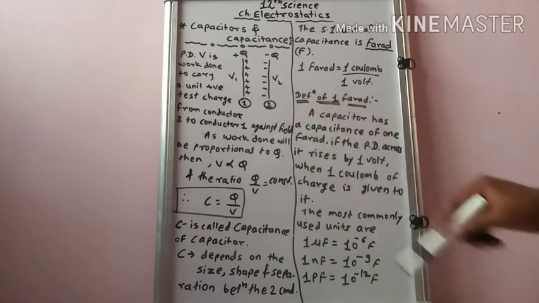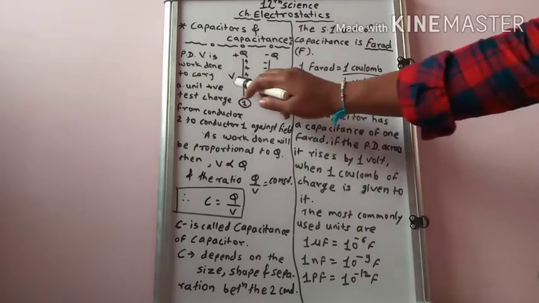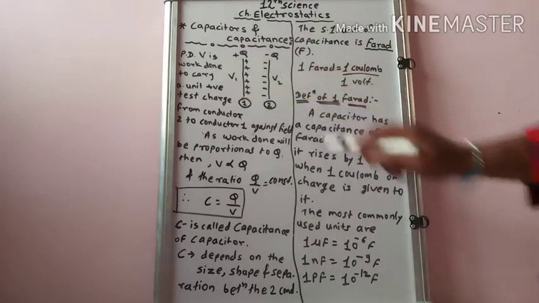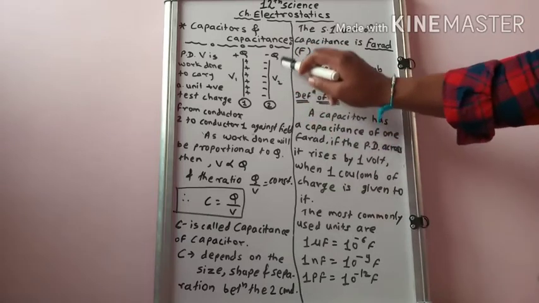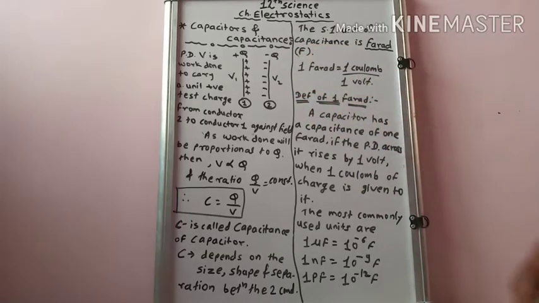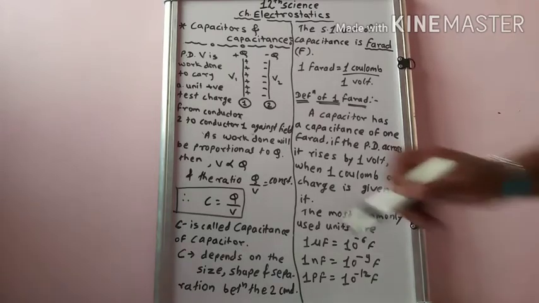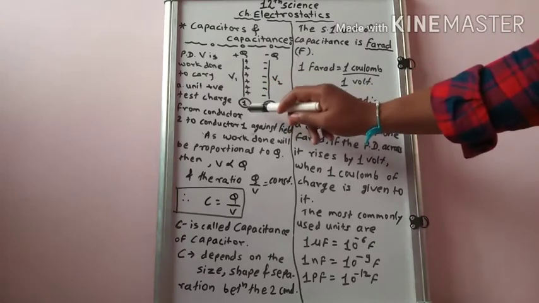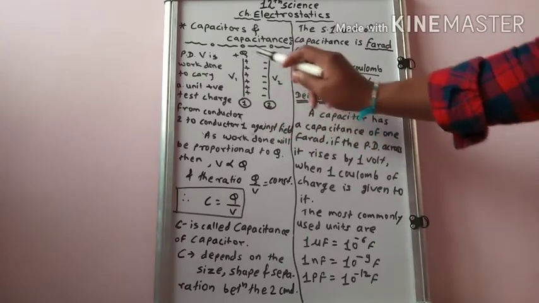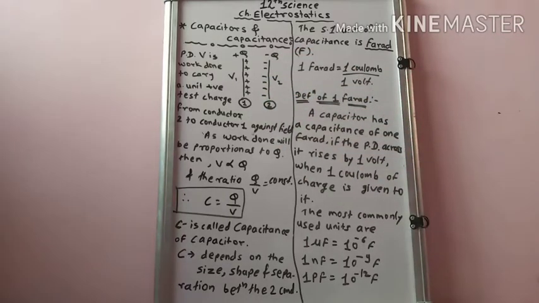And then the potential difference V is equal to V1 minus V2, because on the second conductor negative charge is present, therefore the potential is negative V2. Then the potential difference V is the work done to carry a unit positive charge from the second conductor to the first conductor against the field.